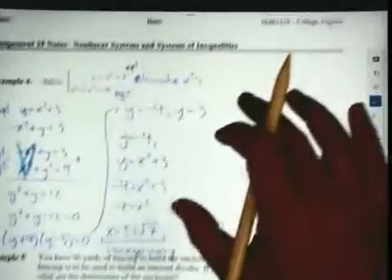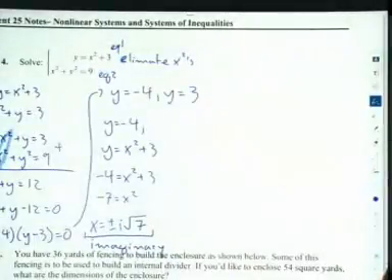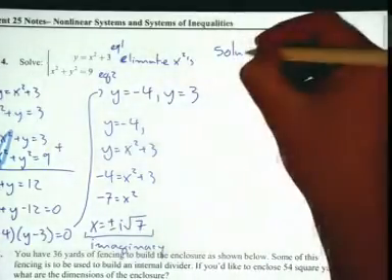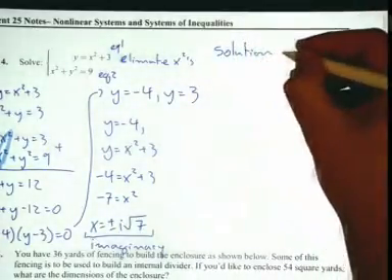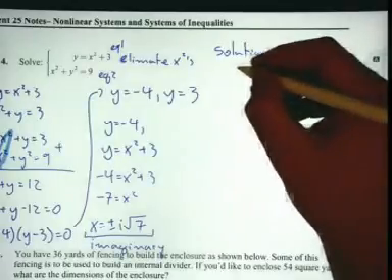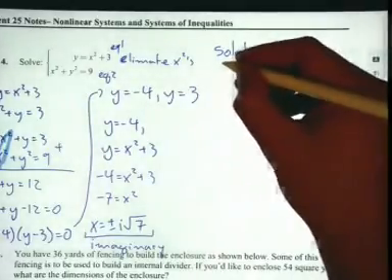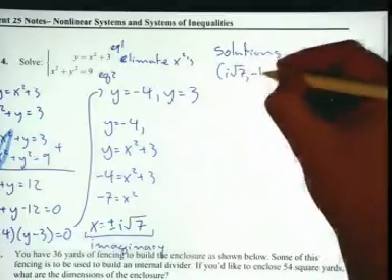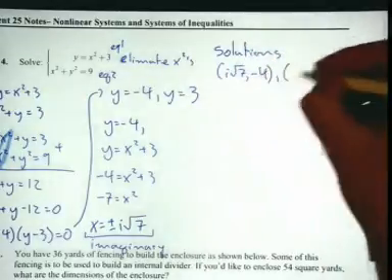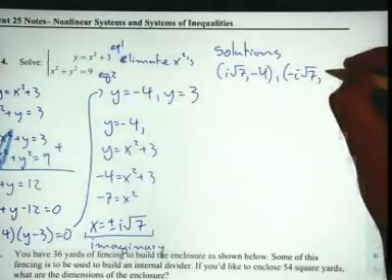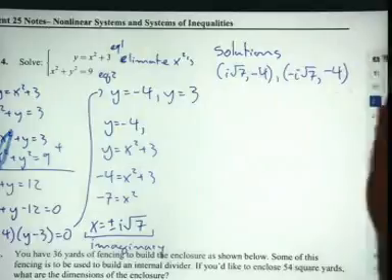Yes or no? Graphically it's not going to make any sense, but we could go ahead and throw that solution in there. Our solutions, so far, we have i square root of 7, comma, negative 4, and then negative i square root of 7, comma, negative 4.